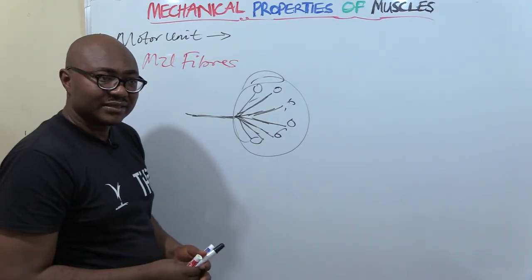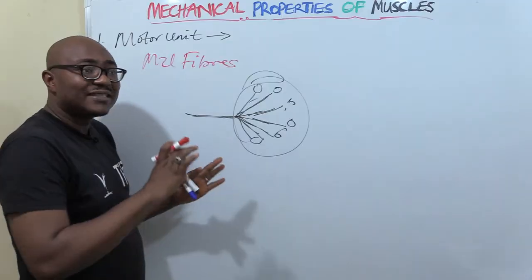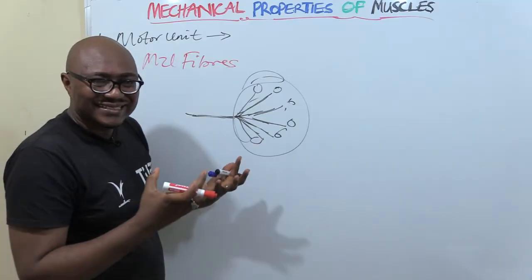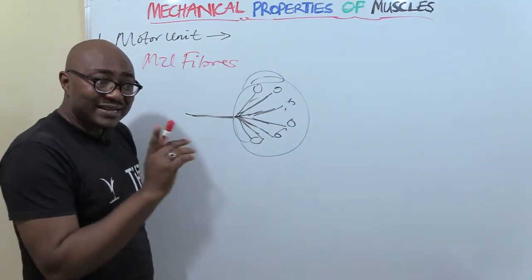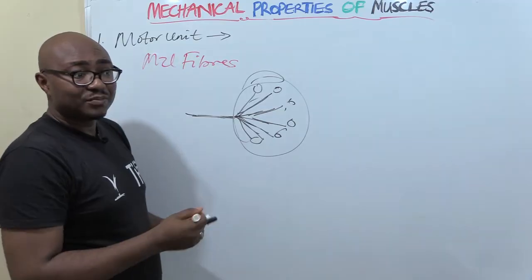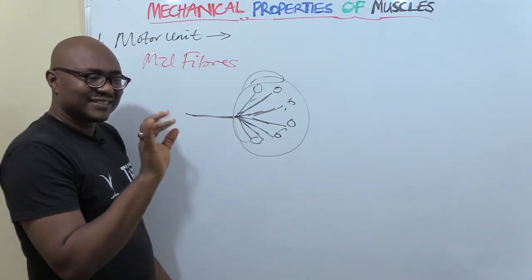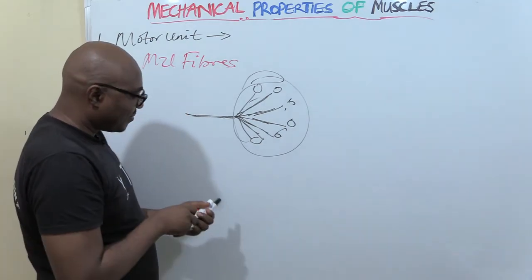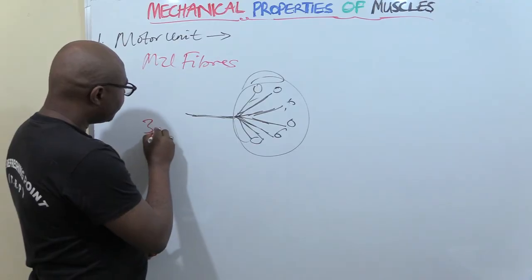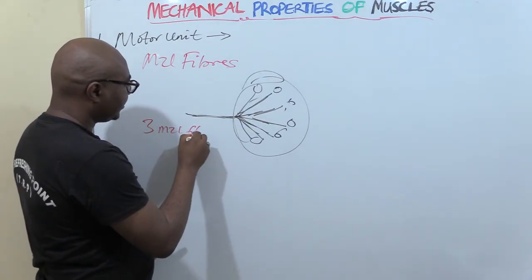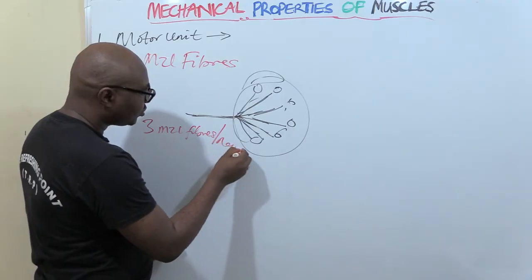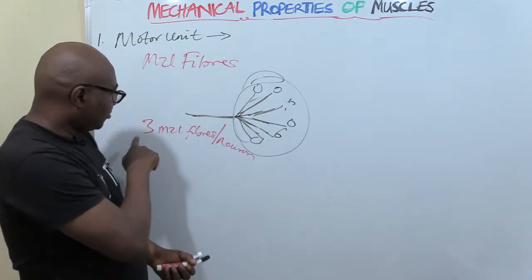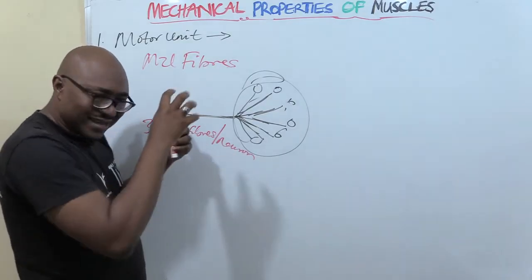Why is this important? Now, do you know that different kinds of muscles have different sizes of motor units depending on the function? Very fast muscles that perform very fast movement, for example the fingers for fine touch, fine movements, have about 3 muscle fibers per neuron. Muscles of the fingertips, just 3 muscle fibers, form a motor unit.